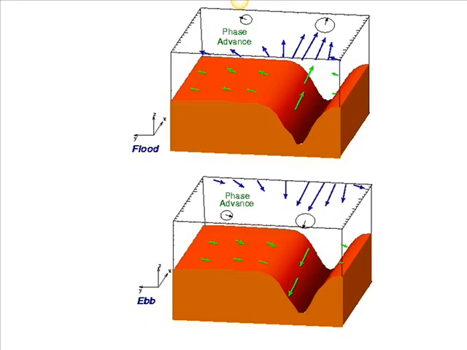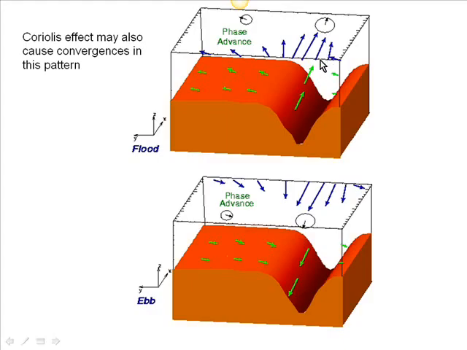So this is a mechanism that can explain the alternation of the fronts during ebb and flood, but you can also use the effects of the Earth's rotation to explain this. How is that? Well, you're going to have to imagine this a little bit.